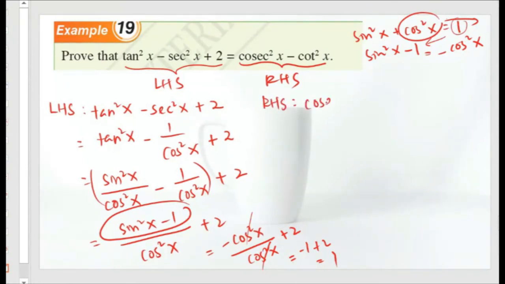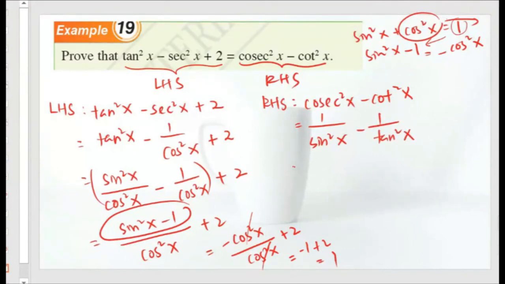Right hand side: cosec squared x minus cotangent squared x. So it becomes 1 over sine squared x minus cos squared x over sine squared x.